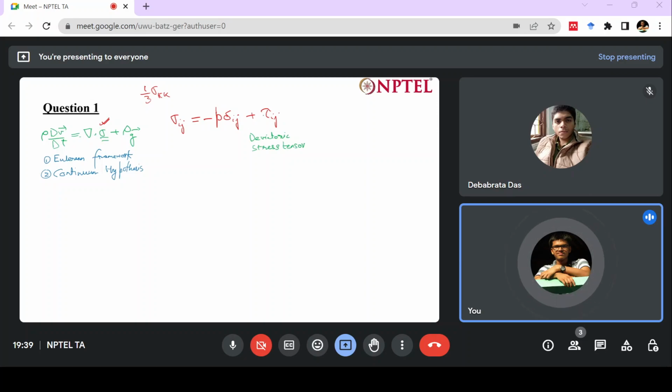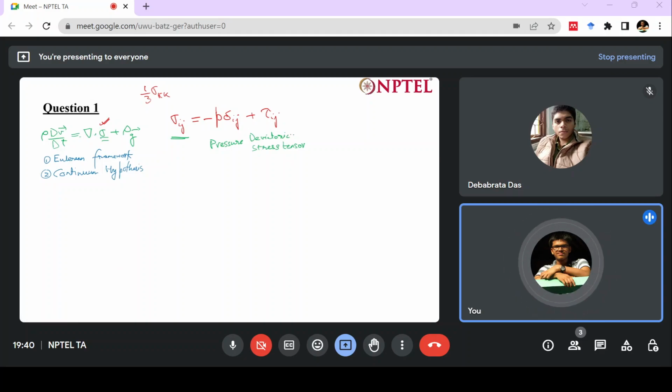We have already done this, and you can revise it. And this is the pressure component, so there are two types, basically this and this. Now we can substitute this sigma, the stress, in my Cauchy's equation.